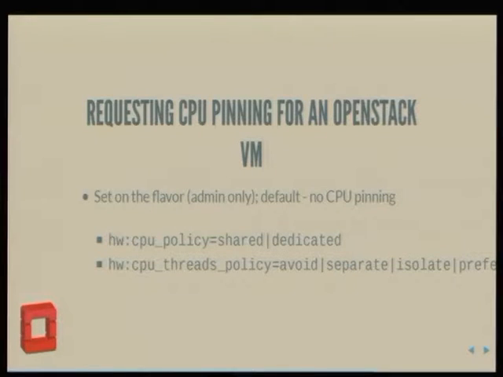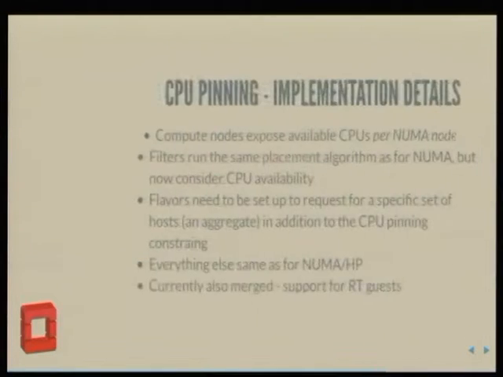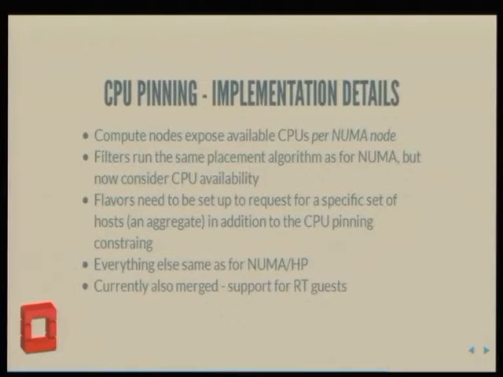And then in that case, Nova would keep track of which CPUs are dedicated to which VMs and guarantee you that the placement will be dedicated. Very similar to the other features we implemented.